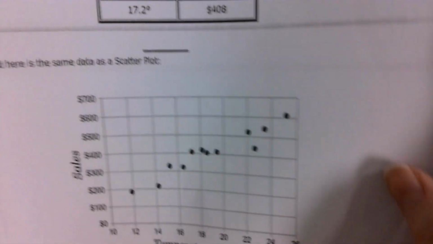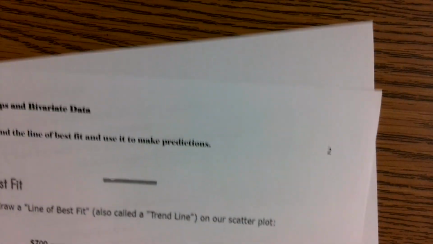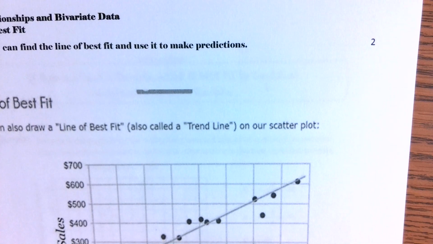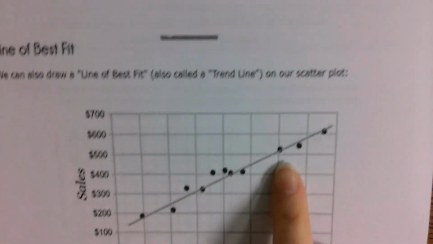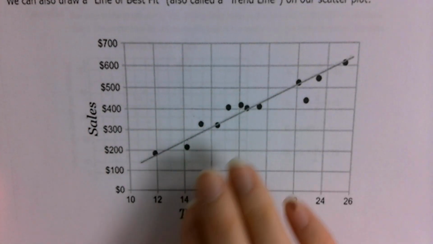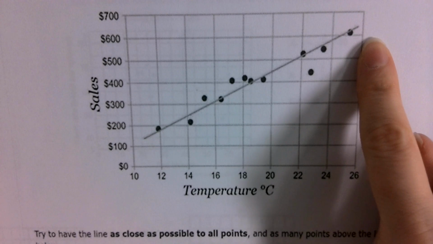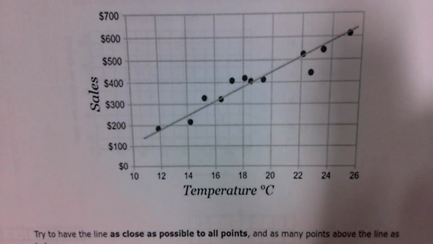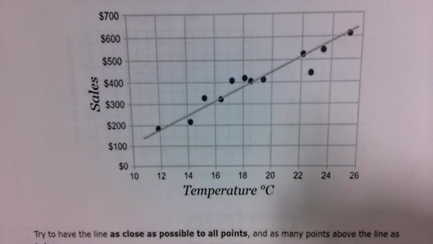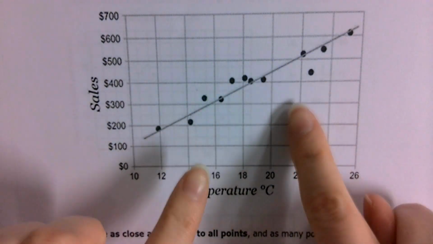So what's important to understand, if you want to flip this over to your back, is that when we're creating a line of best fit, it's important to make sure that the line is as close as possible to the points. It doesn't have to go through every point. It might go through some, but you want to make sure you've got almost an equal distribution of points above the line as below the line.